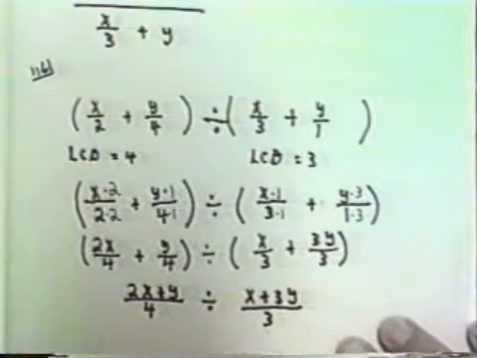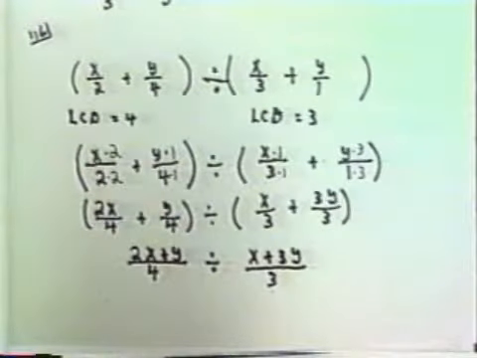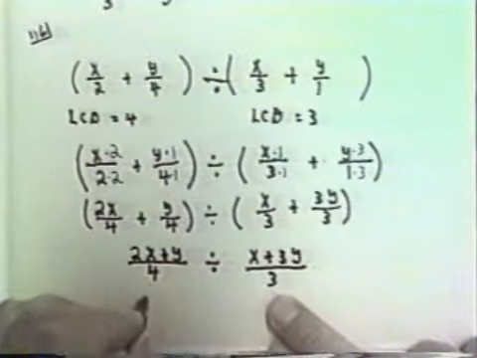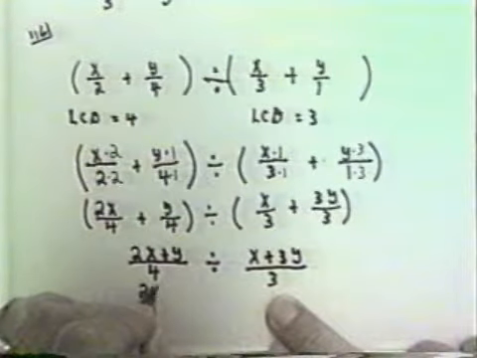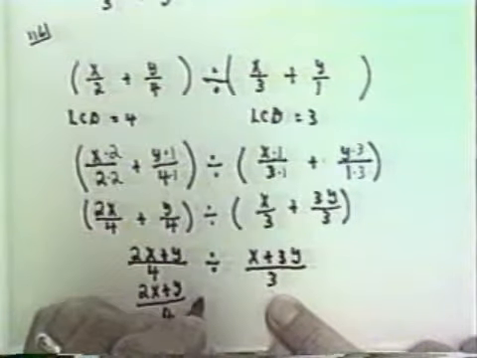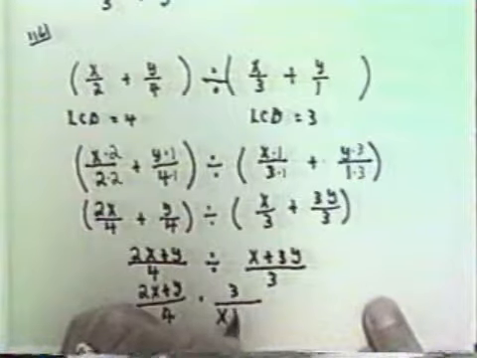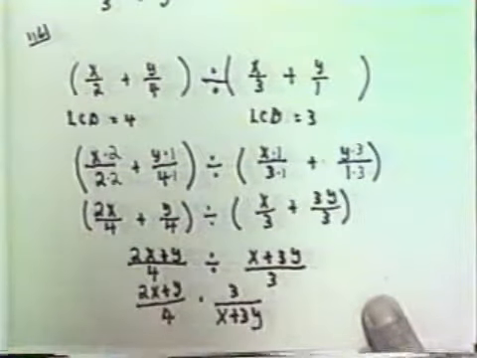To divide, I invert and multiply. So I would have 2x plus y divided by 4 times 3 over x plus 3y.